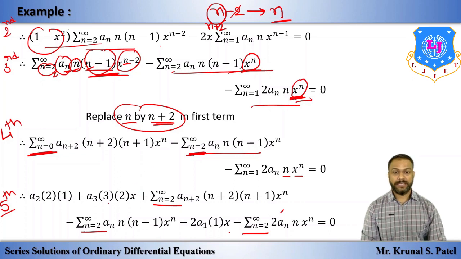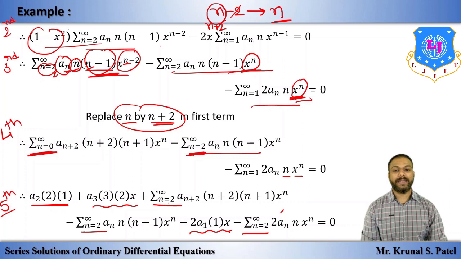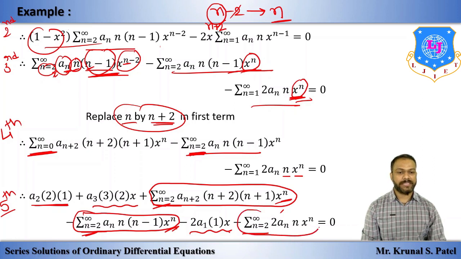Now collect the like power. This is the constant term only, and we have these two terms, this with x, and this also is with x to the power 1. So we will collect these two terms together, and in the remaining terms we have sigma and x to the n, the same in each.